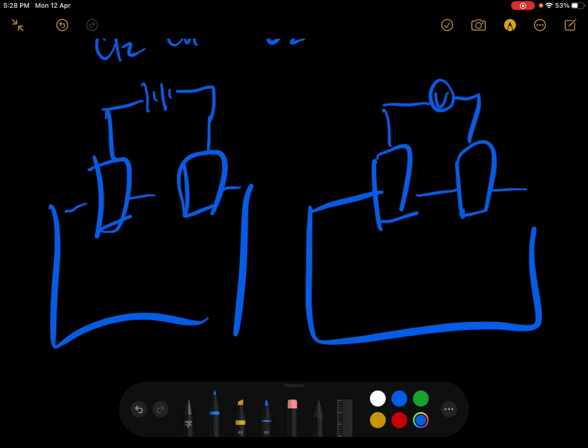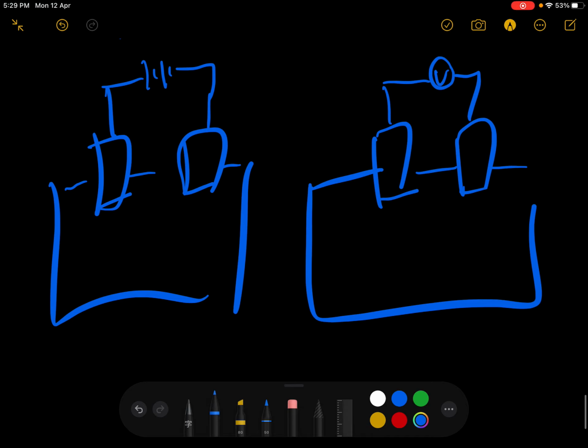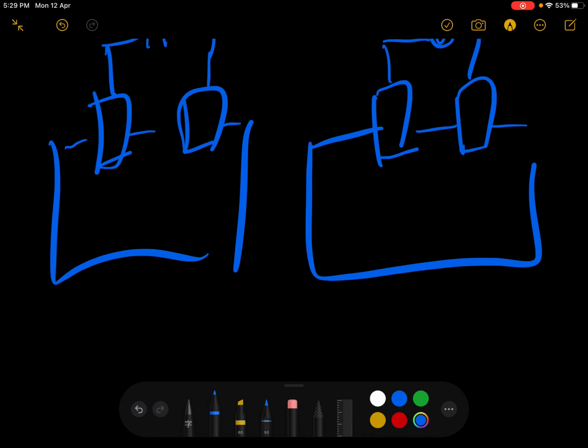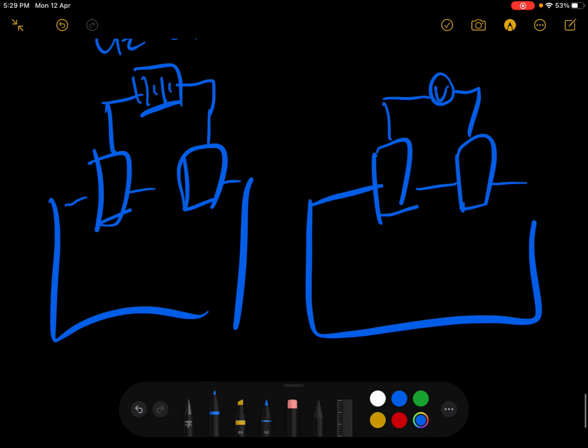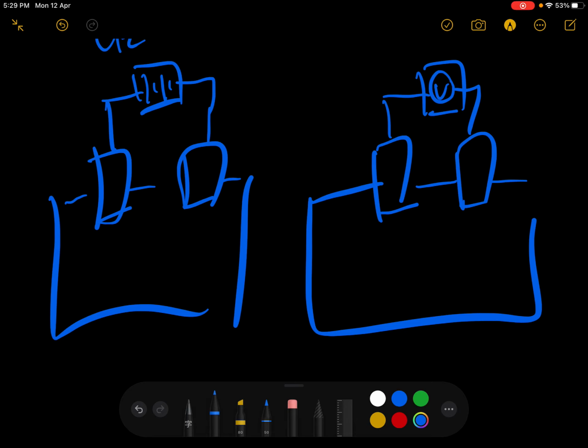I think it depends on the solution. For the electrolytic cell, we have batteries here. For the chemical cell, we have a voltmeter to measure the voltage.